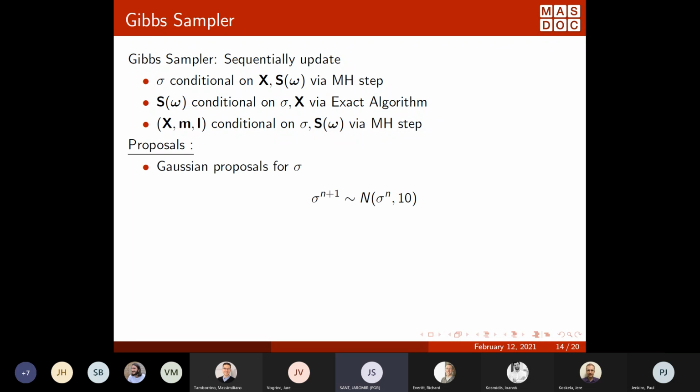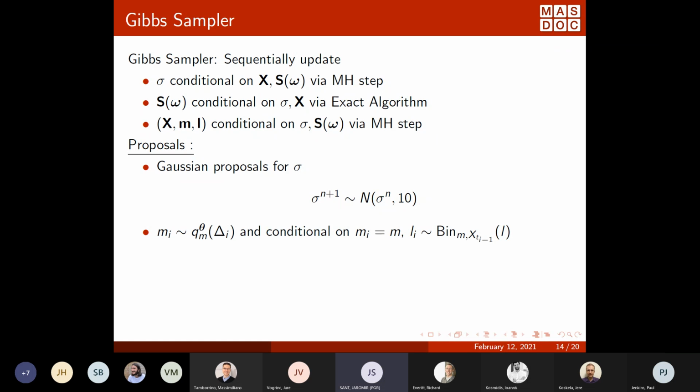And if we have a look at the proposal we're going to use, it's actually Gaussian proposals that will work for sigma. So they're going to be normal centered at the previous value with a standard deviation of 10. And the standard deviation of 10 there is simply down to the sort of results we got from simulations, which seem to imply that 10 gave good mixing.